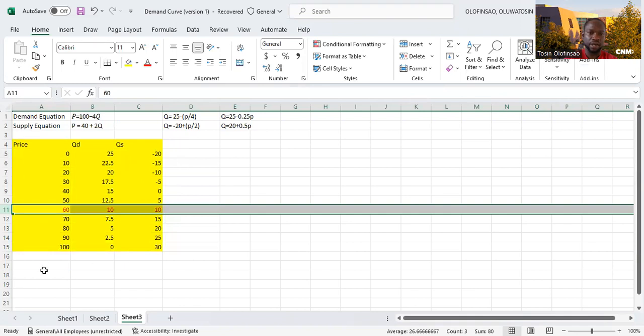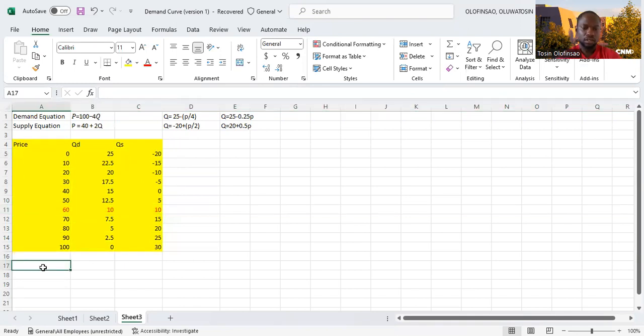So the equilibrium price here, our P star is equal to 60, and our Q star is equal to 10. So that's it. Let's check this using the graph.